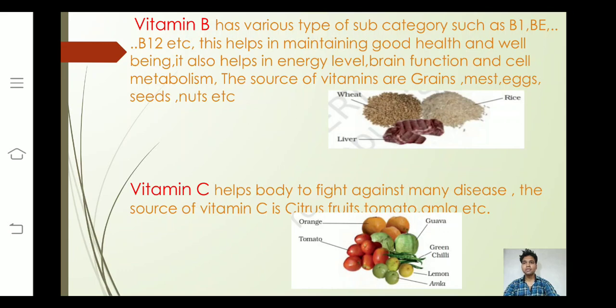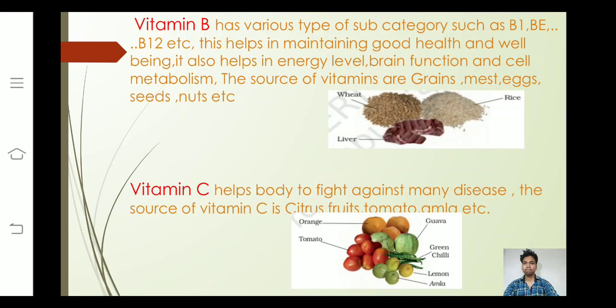Vitamin B helps in maintaining good health and well-being. It also helps in energy level, brain function and cell metabolism. The sources of vitamin B are grain, meat, egg, fish, seeds, nuts, etc.